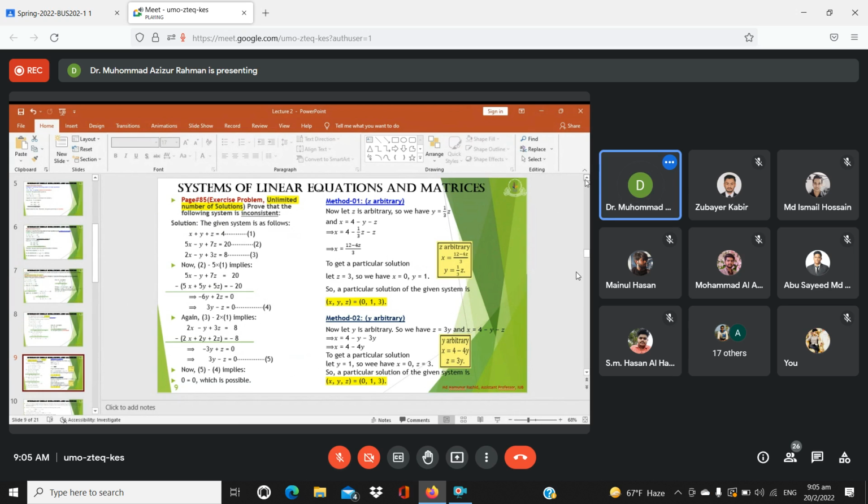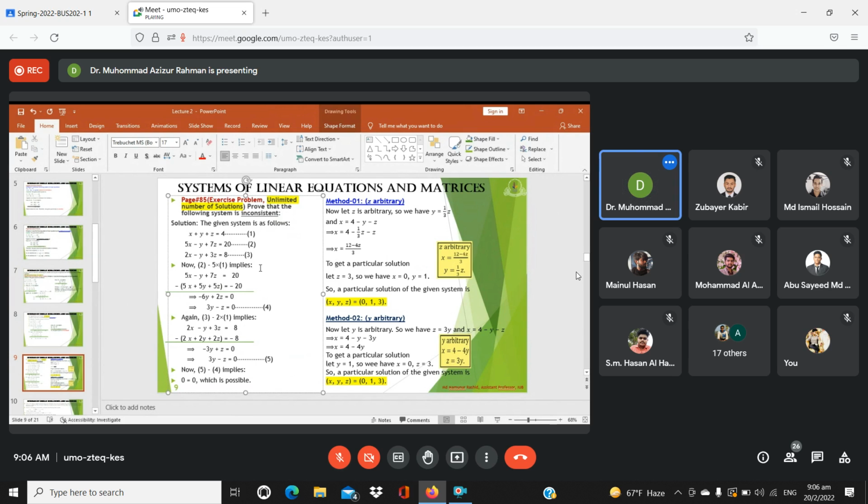So this is the scenario. We have three different equations, equation 1, 2, 3, and you have three variables. So first we need to eliminate one variable.